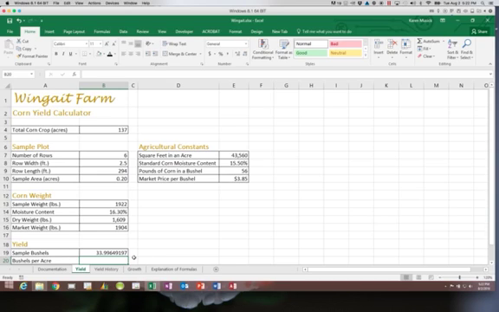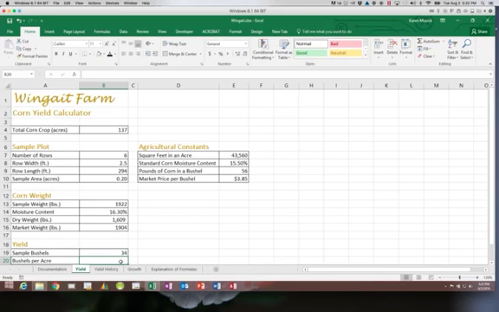We again want to format this formula so that there are no decimal places. And you'll notice when I do that, it rounds up. So it does round as you're adjusting the decimal places.